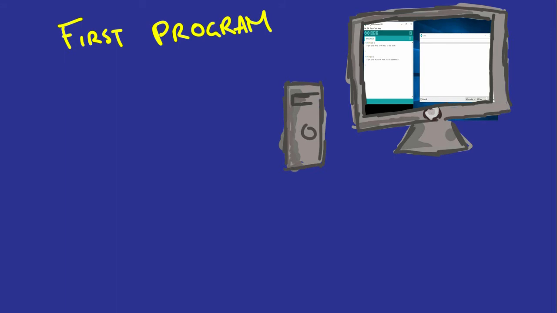So we have to use our PC. And if we remember last video, we have to use the serial monitor. So with our microcontroller connected to our PC, we are able to send that hello world message.